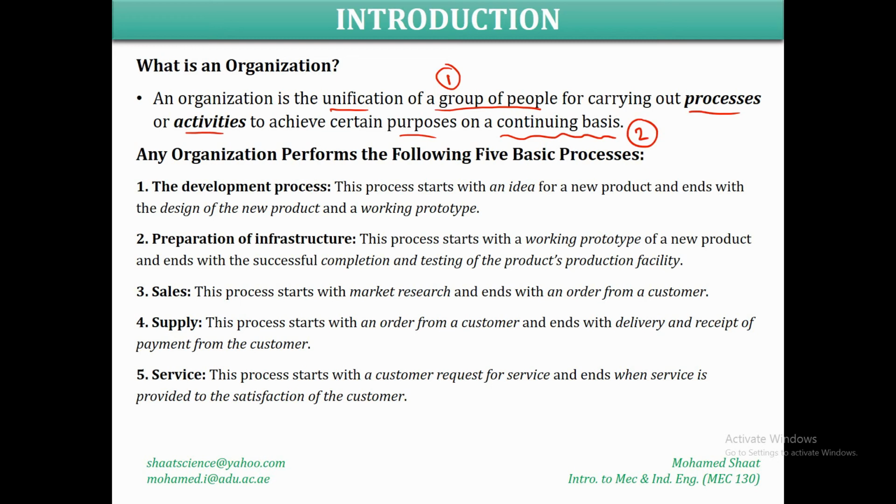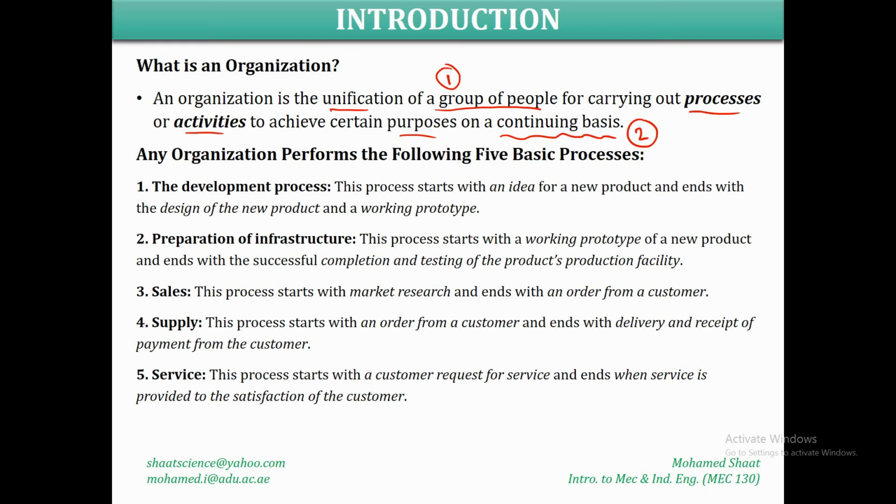For example, consider the group that you formed for your project for this semester. This group is a unification of students, who are people at the end, right? And you are working on a specific project. So you could be considered an organization, but in fact this is a group for the project, and that's it.